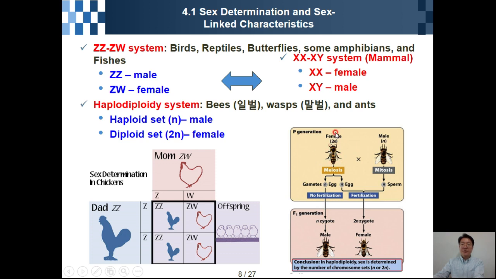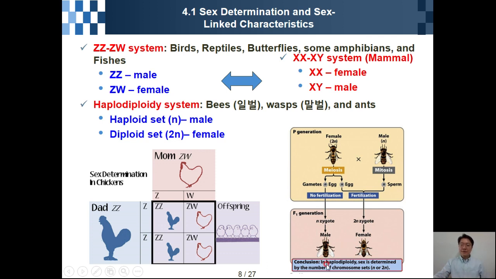Usually in the parent generation, the female does meiosis, so they make the gamete in the egg, the N in the egg. If there is no fertilization, this egg will make the male, which has the haploid set. But when fertilization happens, egg and sperm meet each other, so finally they will make a 2N zygote, and this one will become the female.